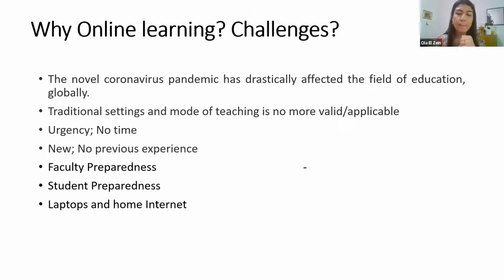So the transition was really urgent, and we all needed to act not only quickly, but also efficiently, because we needed to maintain the quality of education that we were delivering pre-pandemic.